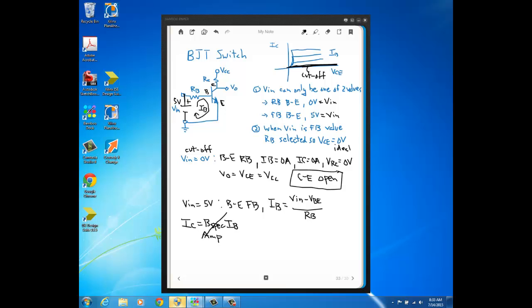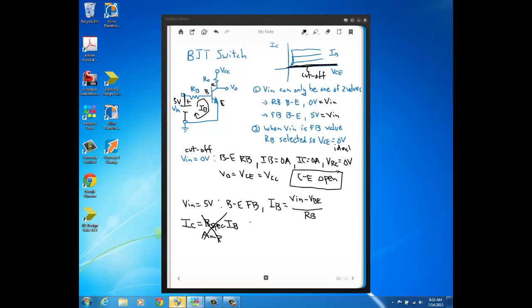Well, you cannot use this equation for a BJT switch, and the reason being, as you'll see in a moment, when the BJT switch is on, we're over in this region here where the curves dip. We're along this vertical axis. So we're not in the active region, and this equation's only valid in the active region.